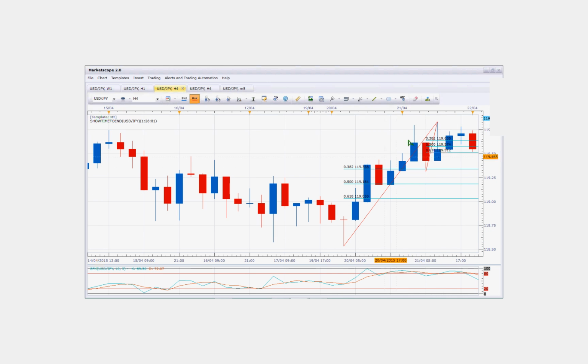Then the second fib is from this particular trough up again to the highest point, because we're looking at a correction from this high point of this whole move downwards. So we're using that as a target point for profit. Does that make sense?